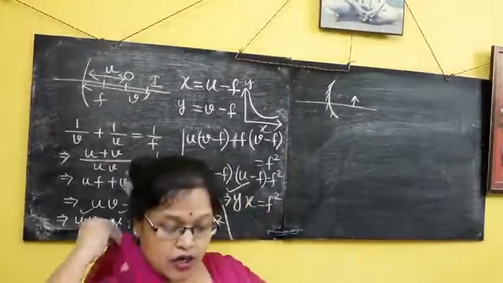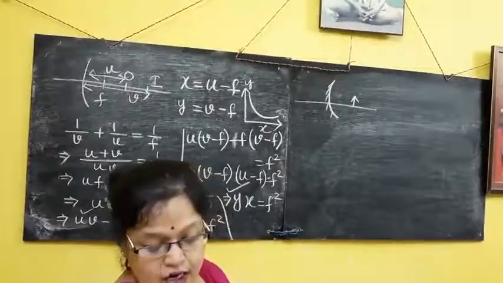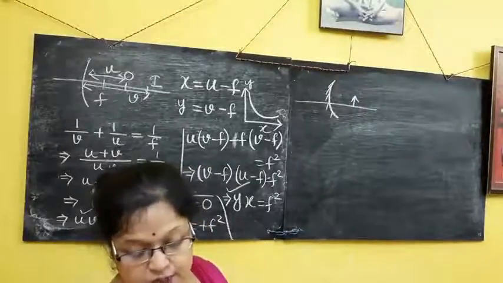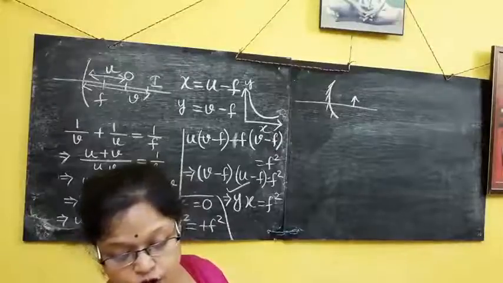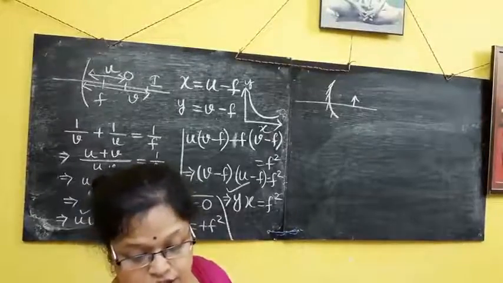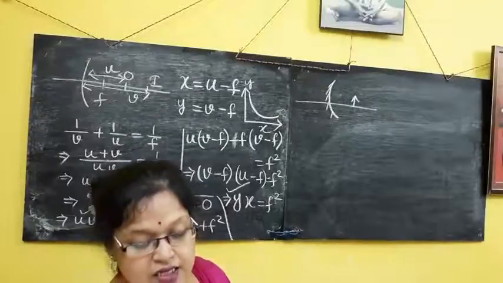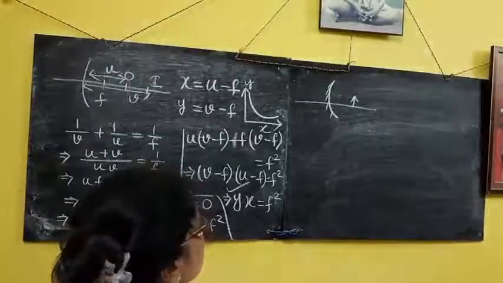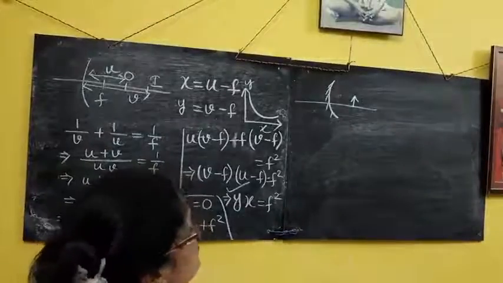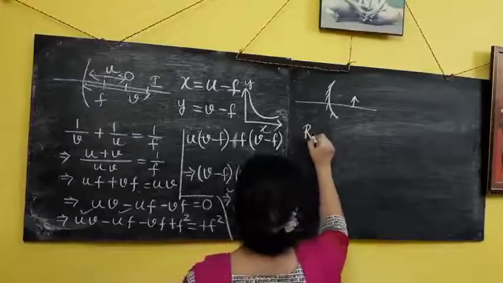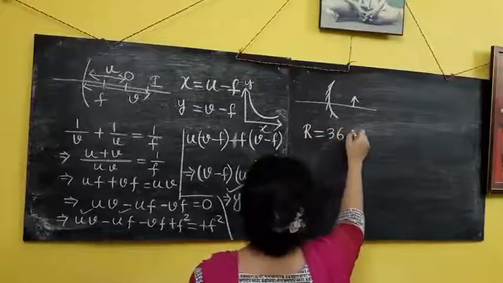Given a small candle of 2.5 centimeter size, 27 centimeter in front of a concave mirror of radius of curvature 36 centimeter. In the case of a concave mirror, the radius of curvature R is 36 centimeter.